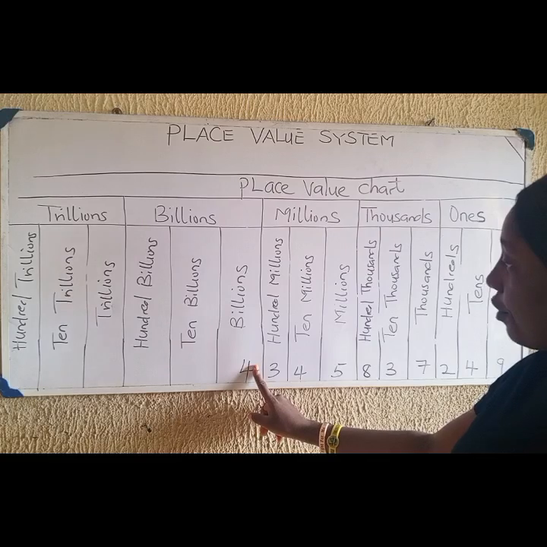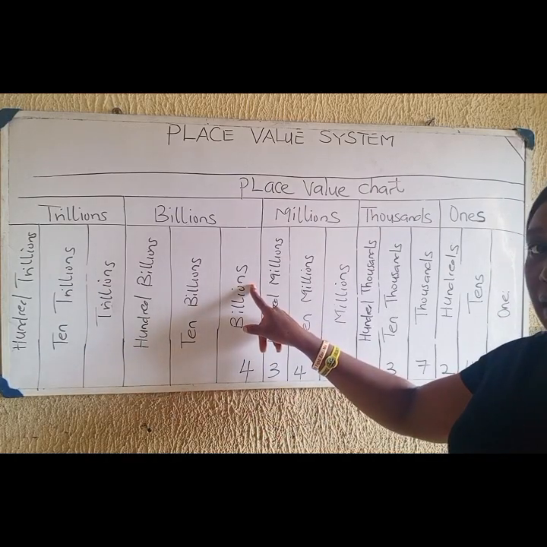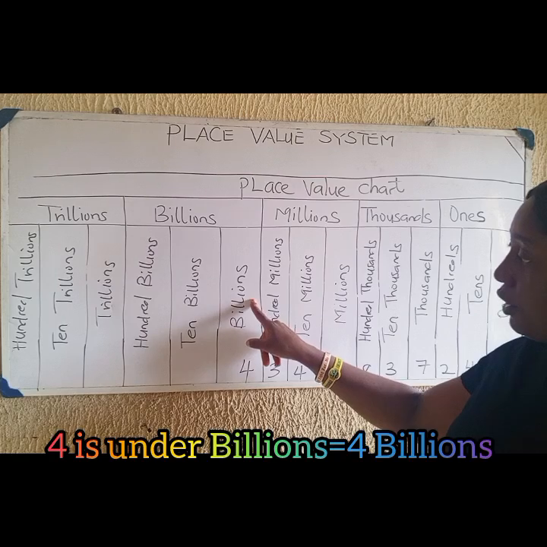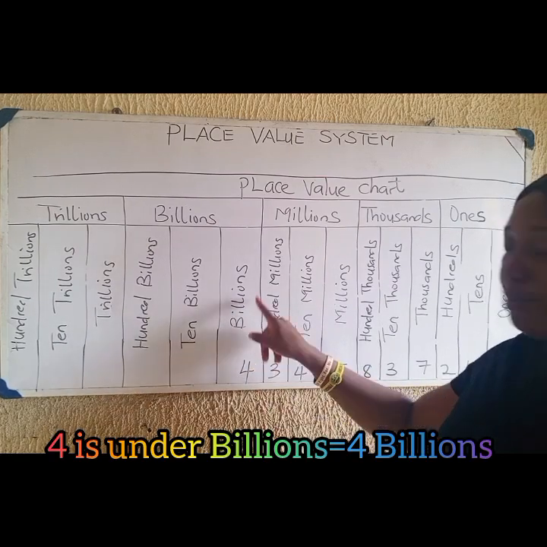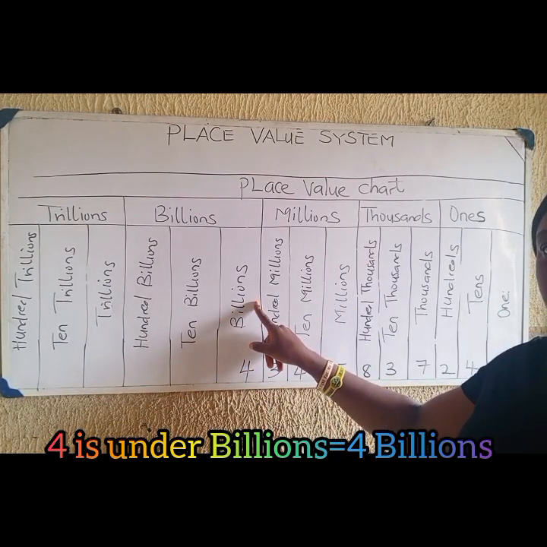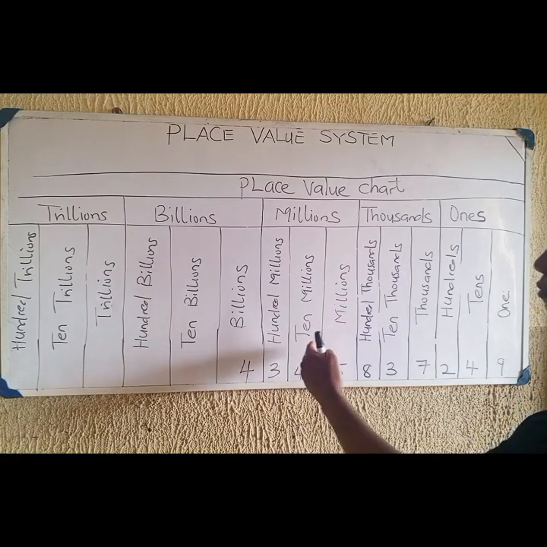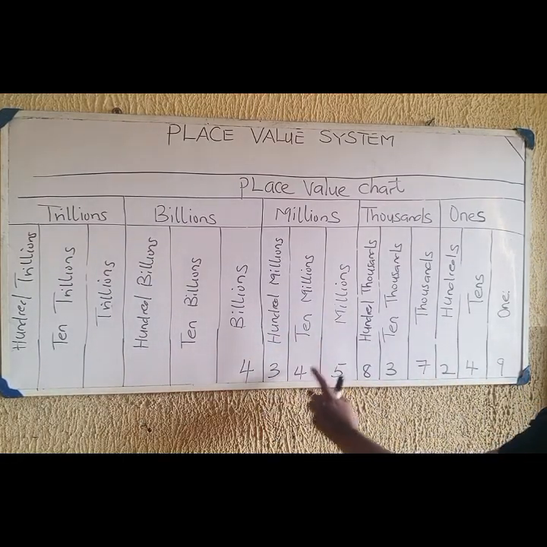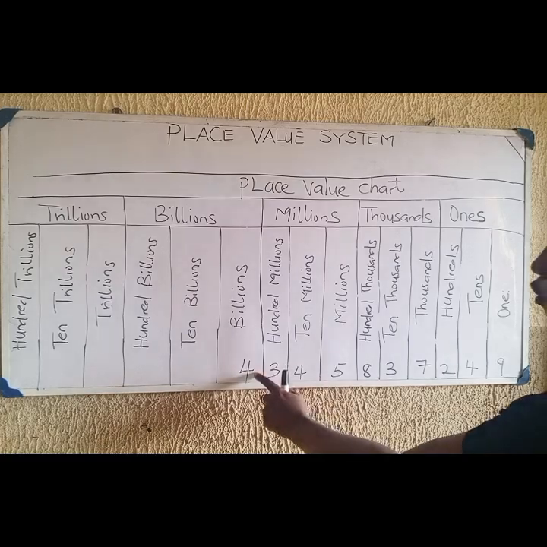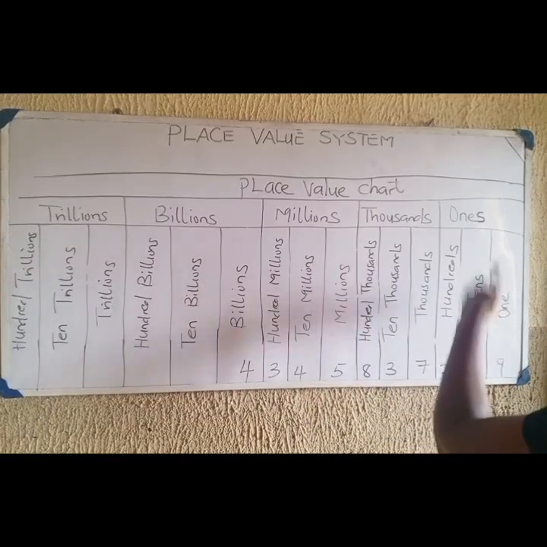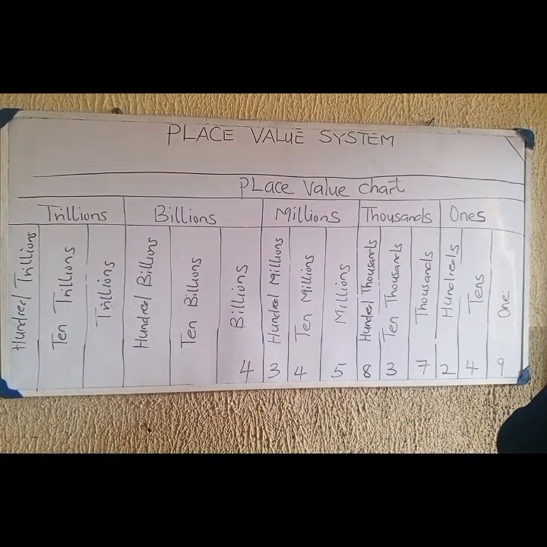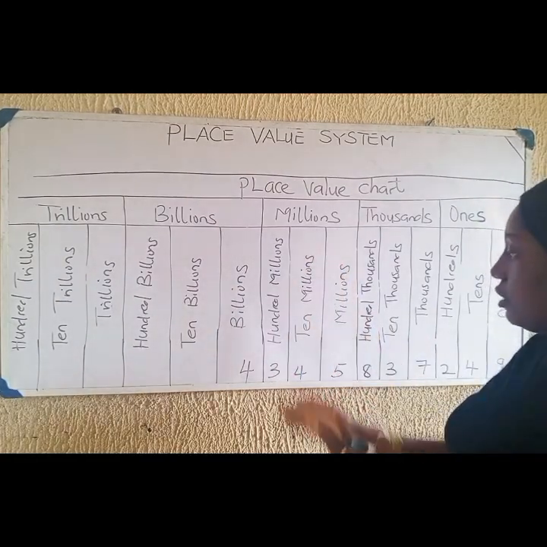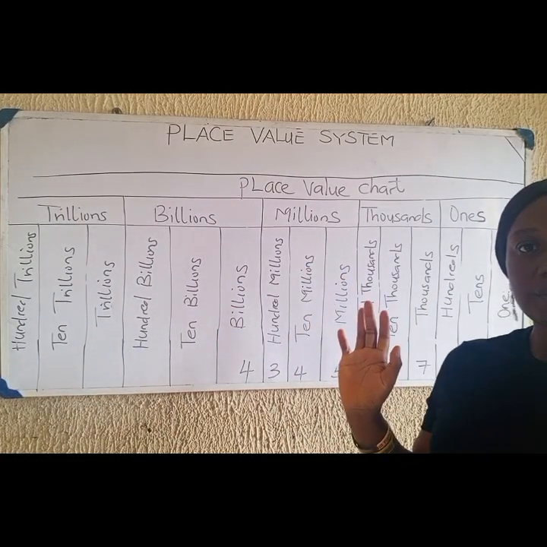Then we have another 4 here, which is under billion. This is 1 billion. So 4 times 1 billion will give us 4 billion.